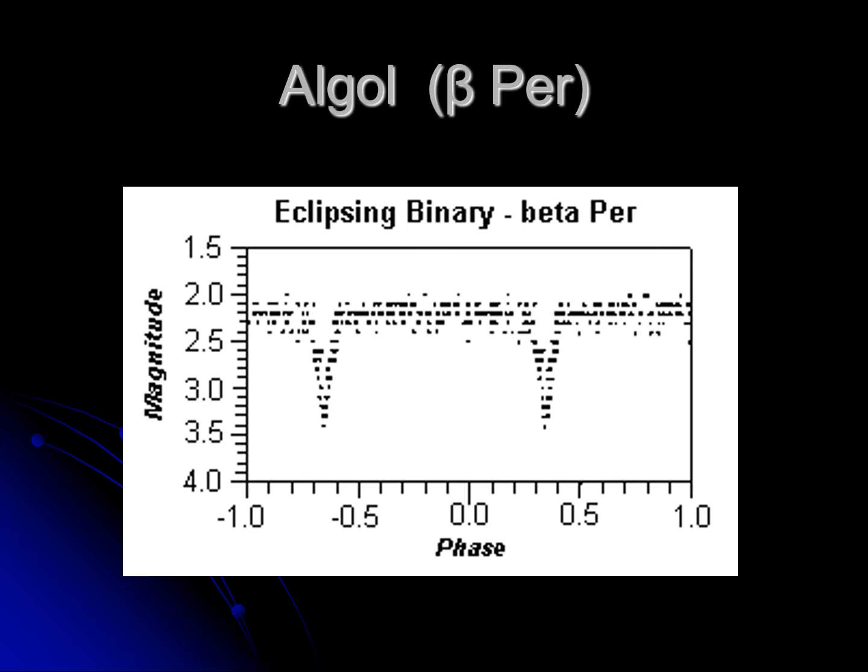It varies in brightness because one star is getting in the way of the other. The star is normally bright, then dims down when the dim one gets in front, then brightens back up again. There's a little dip in here where the dim one goes behind it. It doesn't change the brightness by that much, and then it dims down again here. That's the eclipsing binary.